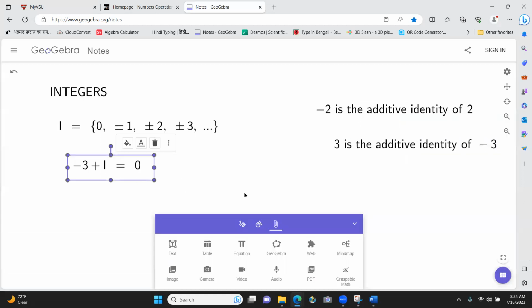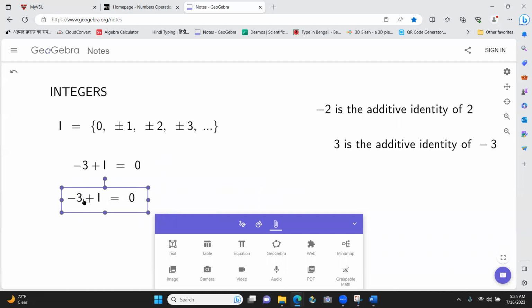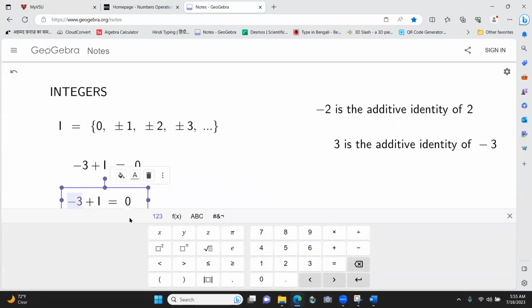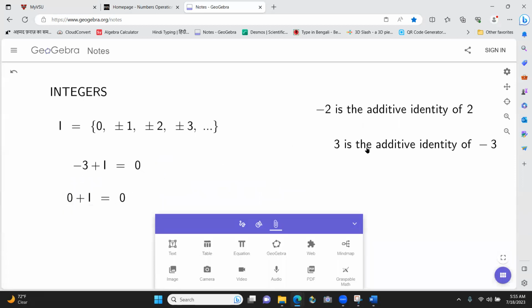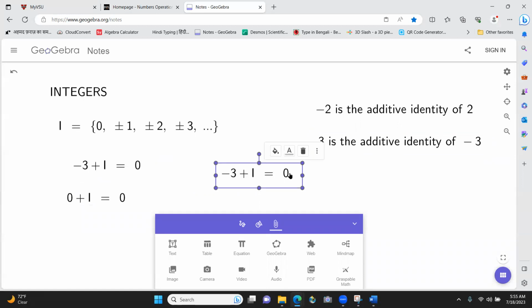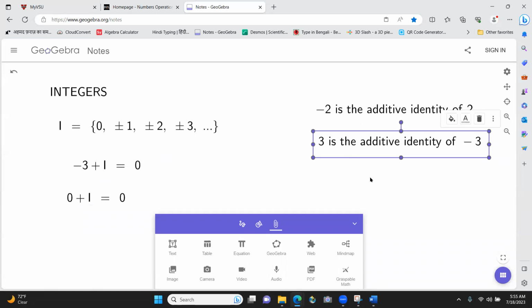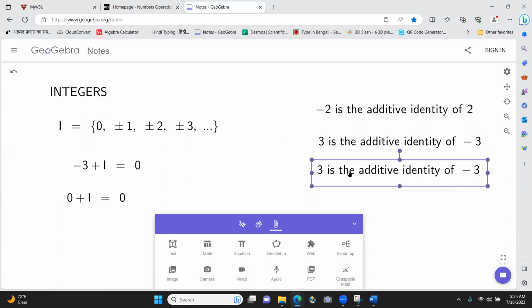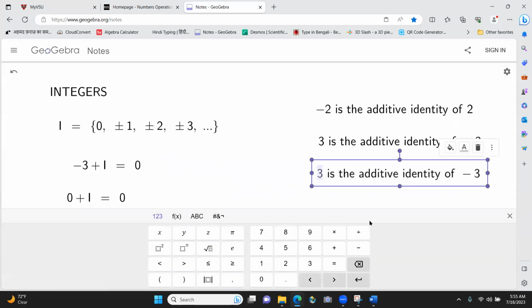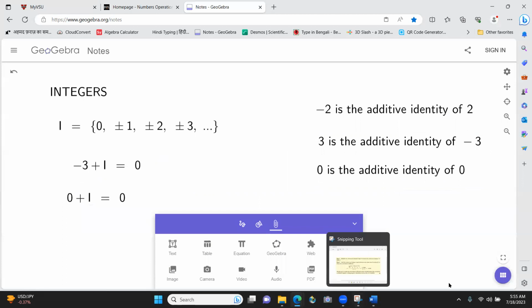One more. What integer? 0 plus what integer gives you 0? Clearly 0. So 0 is the additive identity of 0. So you get the point, I hope. So we learned about additive identities. Very basic, very simple concept, nothing too fancy.